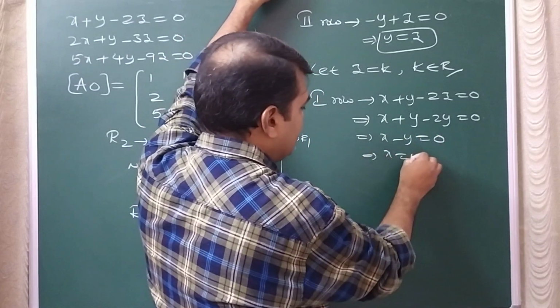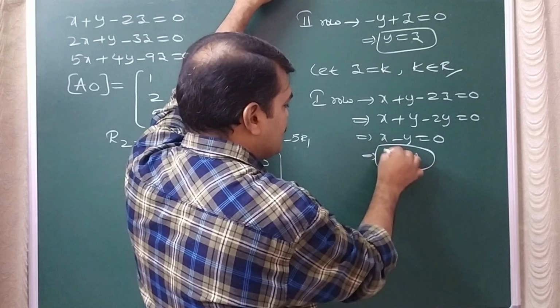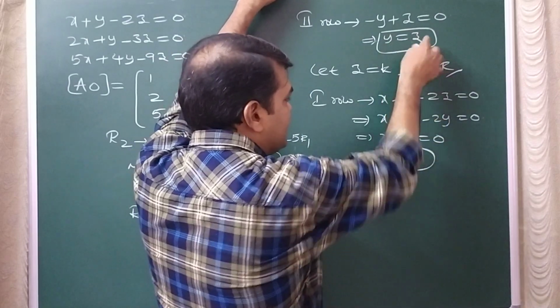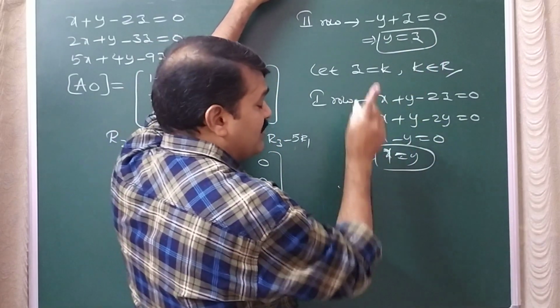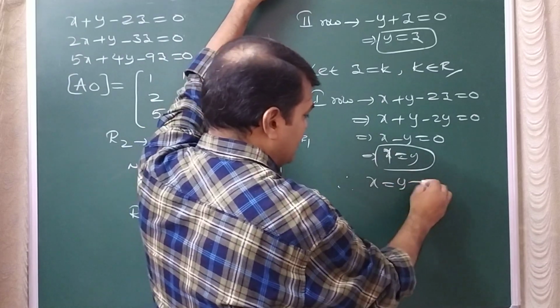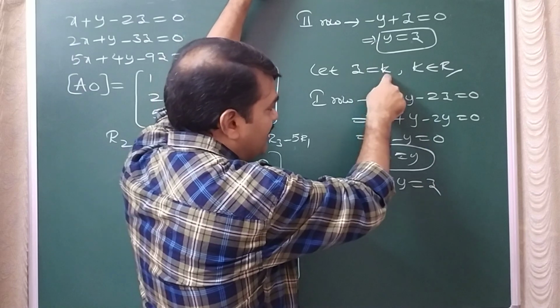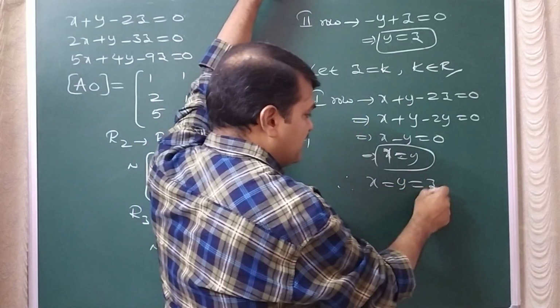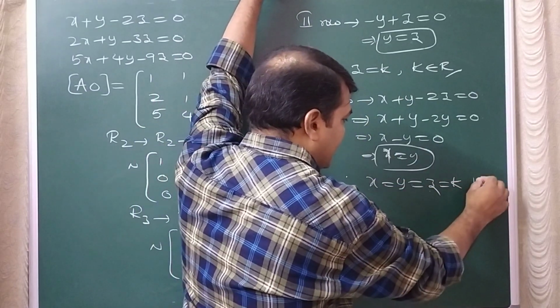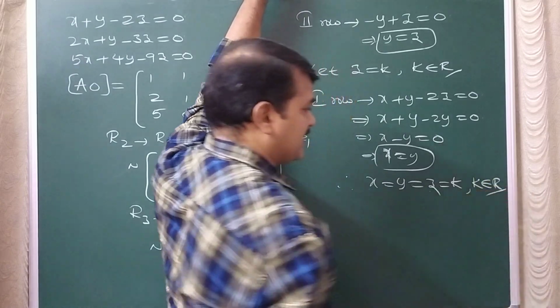That means x is equal to y. And y is equal to z. That means x is equal to y is equal to z. So if I take z is equal to k, we get x is equal to y is equal to z is equal to k, where k belongs to R. k is some real number.